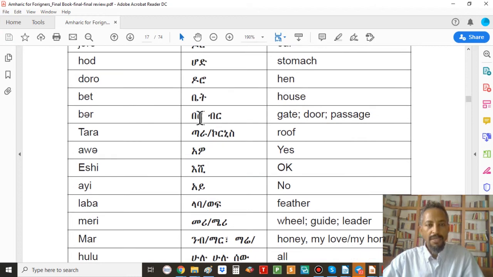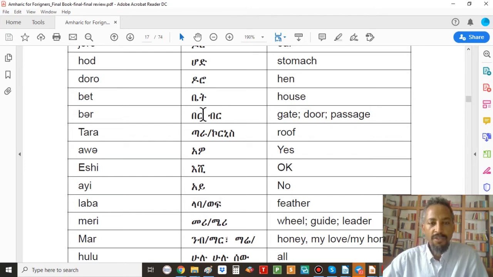Next is ber. I'm reading the first one, and the pronunciation here is only for the first one. The second one is bir. I put it to show the relation, the association. The only difference is the hyphen on the left, which makes the b.